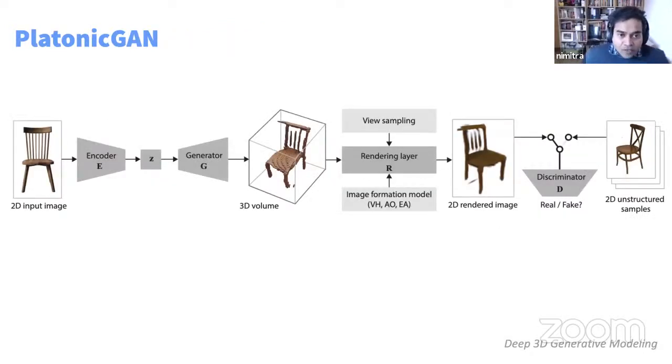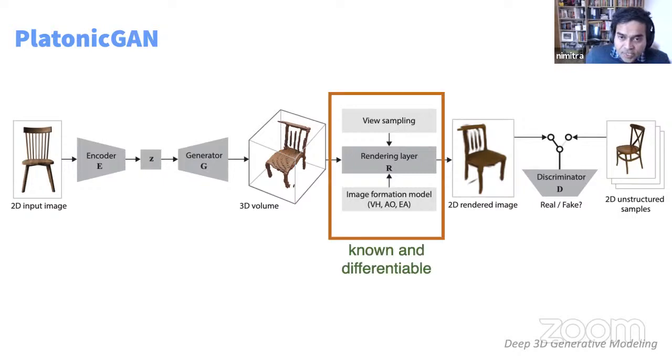This allows us to create what we call the Platonic GAN, where we start with a 2D image, of which we have many as training examples. We encode them into a latent vector, and the generator directly outputs a voxel grid. Then we have the rendering layer that produces a rendering from an arbitrary view, and then we can use a GAN to check if it's real or not compared to the images of chairs.